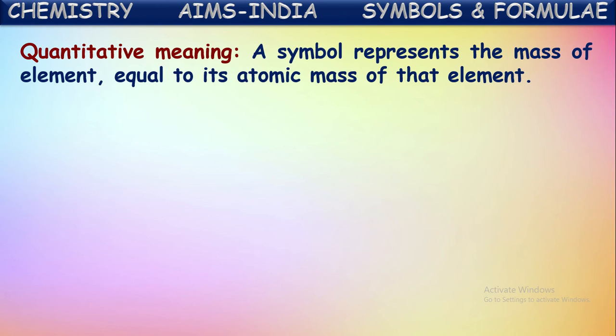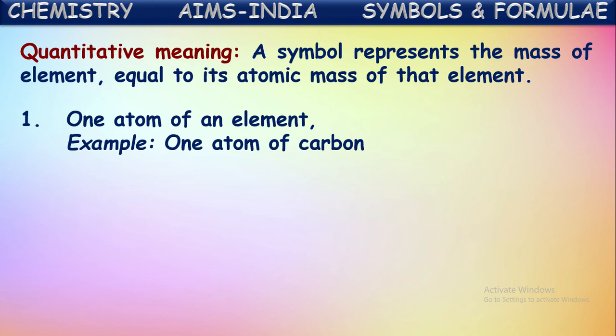The other significance is quantitative meaning. A symbol represents the mass of an element, which is equal to the atomic mass of that element. For example, one atom of carbon. If I write just C, this represents one atom of carbon.